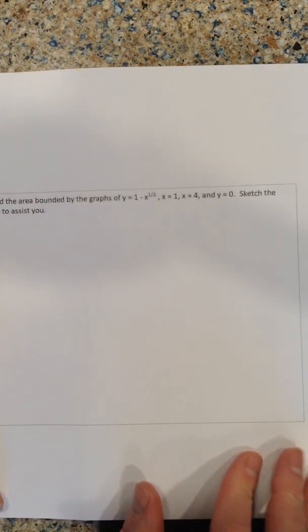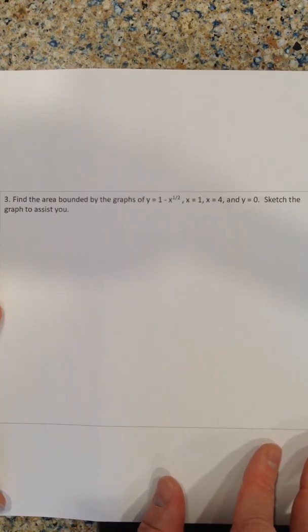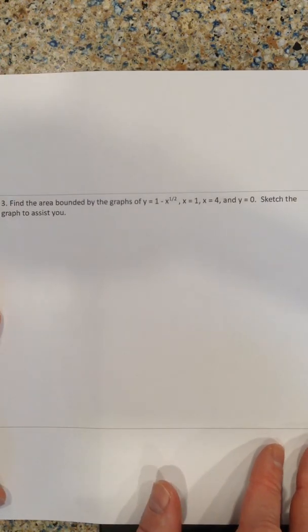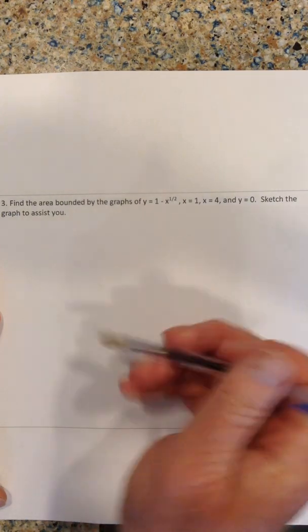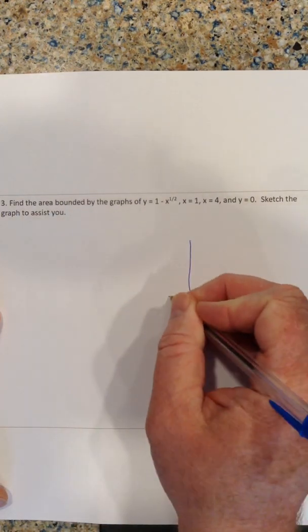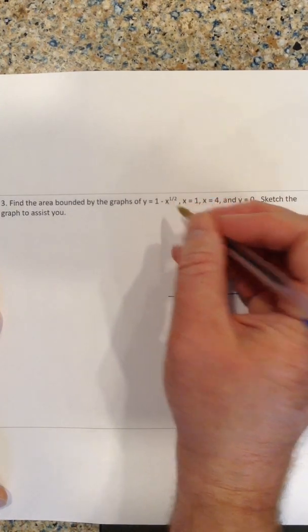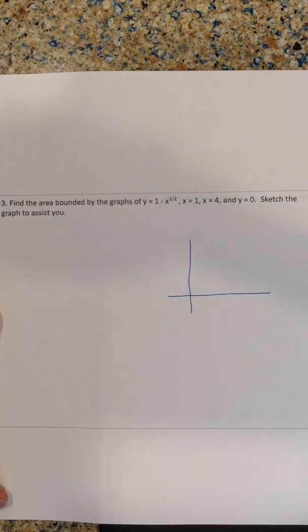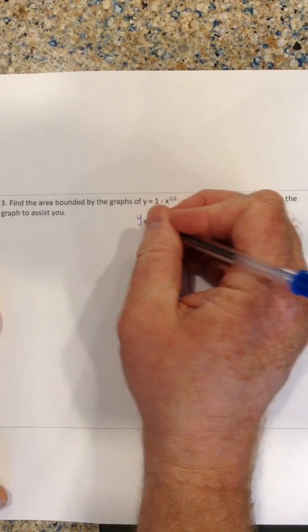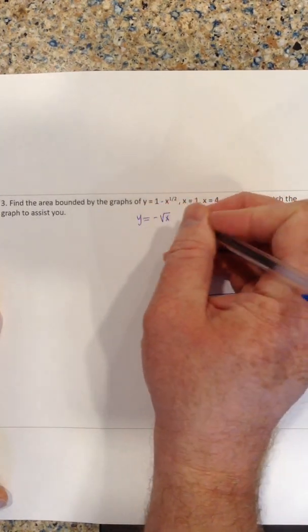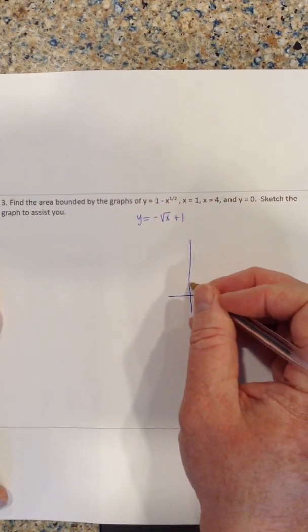Okay, so I'm going to look at number 3. Find the area bounded by the graphs of, so this one I'm actually going to have to graph. I can use my graphing utility. Y equals 1 minus the square root of x, so that's really y equals negative square root of x plus 1, so it goes up 1.